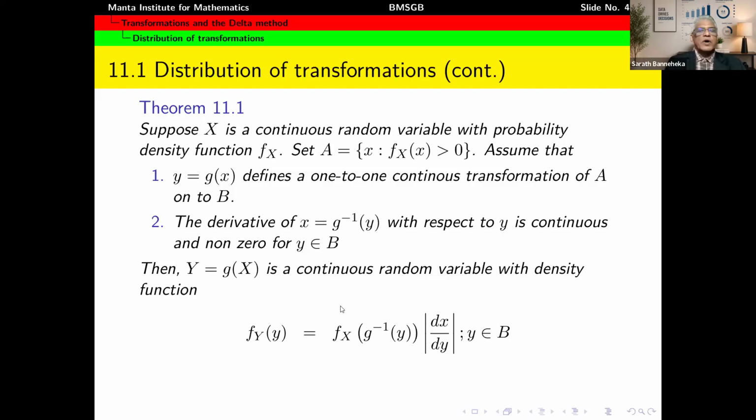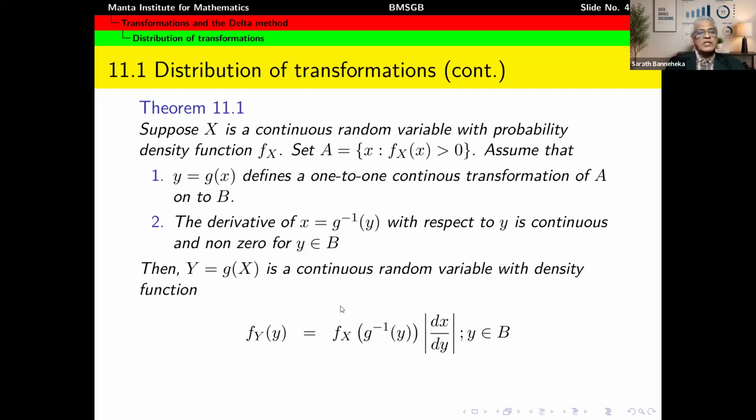Assume that Y equals g(x) defines a one-to-one continuous transformation of A onto B. So we are considering a one-to-one, continuous transformation. The second condition is that the derivative of x equals g inverse of y with respect to y is continuous and non-zero for y values in the set B.